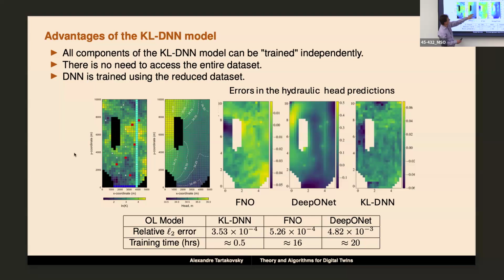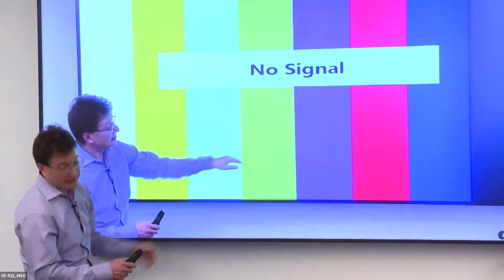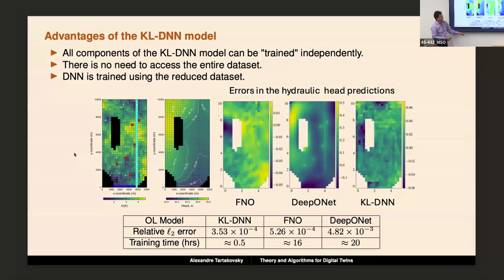This is the typical hydraulic head, which is the state of the system. And here you can see the errors in 3 operator learning models: FNO, DeepONet, and this is KLDNN. The color scale in each of these plots is slightly different. DeepONet has by far the largest error. FNO and KLDNN have comparable errors. The L2 errors are in the table.